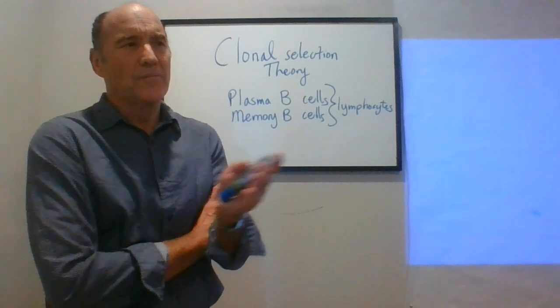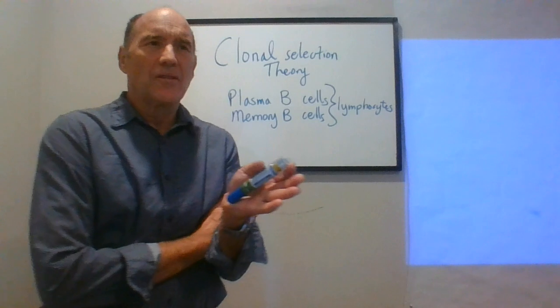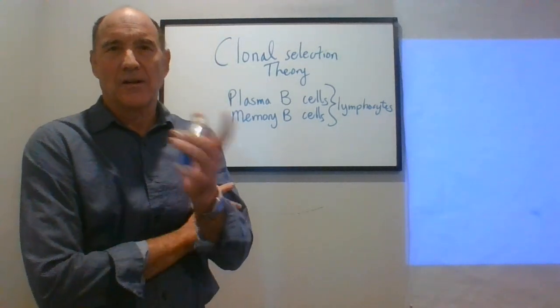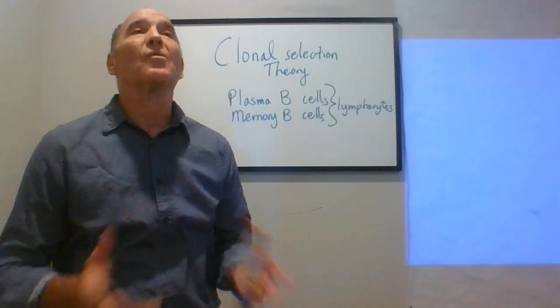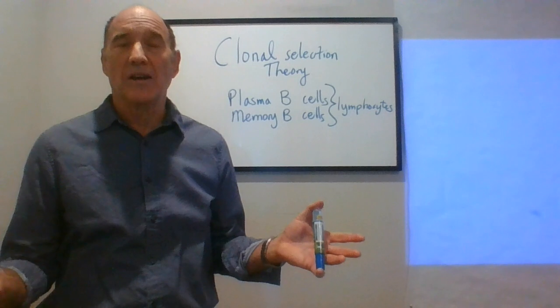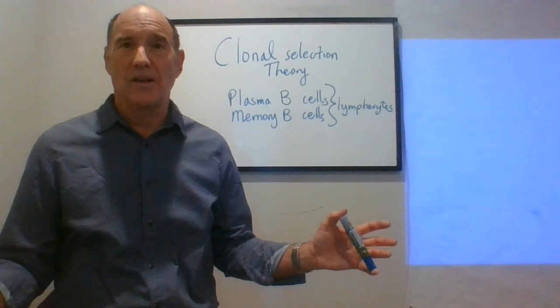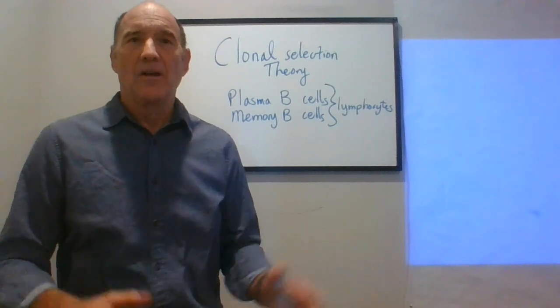So there's always a memory cell that we're born with that's similar to the type of plasma B cell that we need to fight off that particular pathogen. But we're not born with enough of them for each type of pathogen to provide complete immunity. We're not born with enough of them of each of the types.